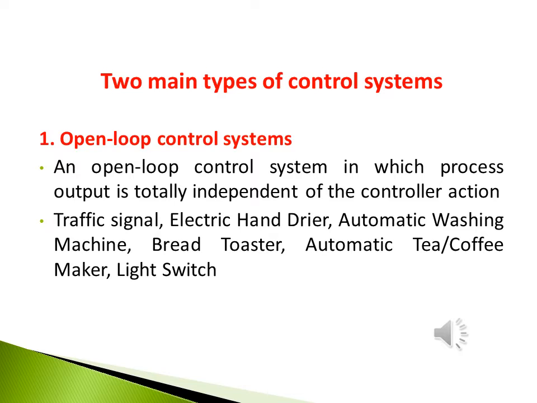Traffic signal, electric hand dryer, automatic washing machine, bread toaster, automatic tea or coffee maker, and light switch are examples of open loop control systems.